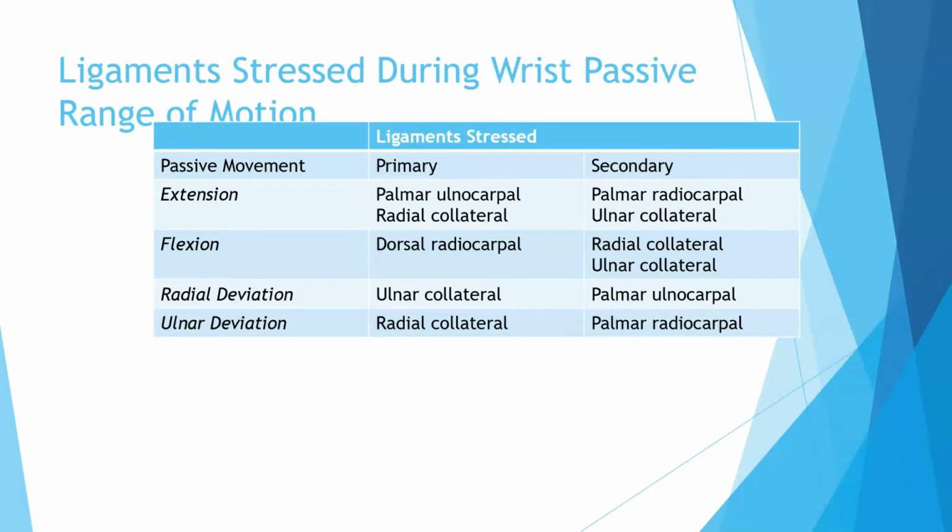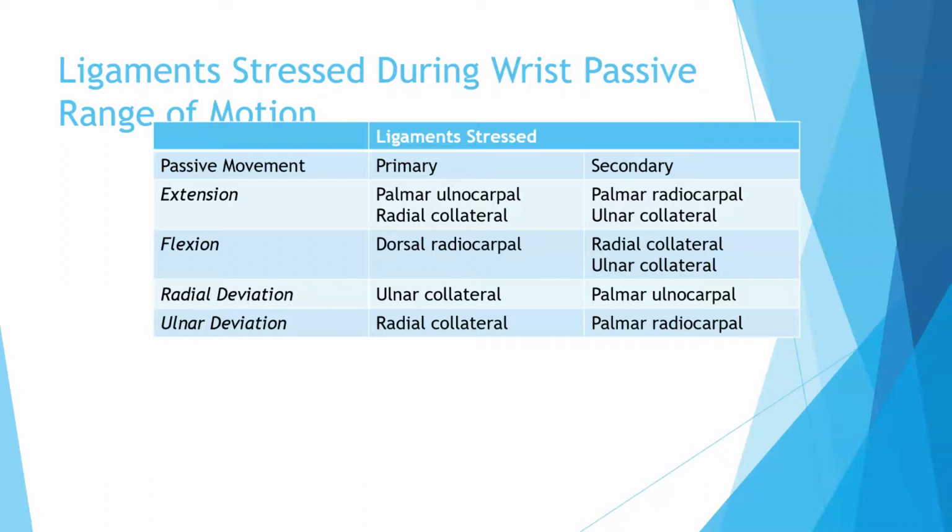Each of these individual ligaments are stressed during passive range of motion, and it just depends on if you're in extension, flexion, radial deviation, or ulnar deviation. So that's something to look at.